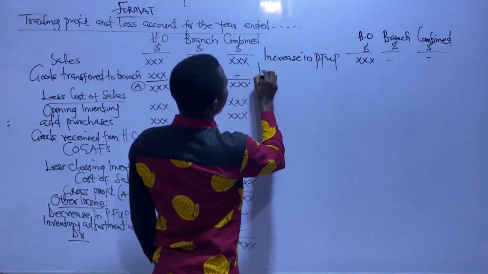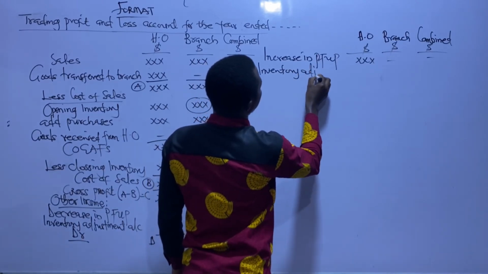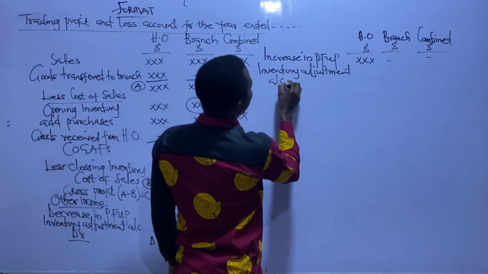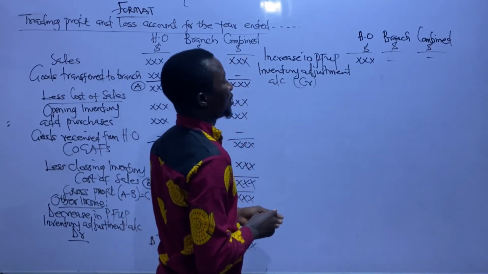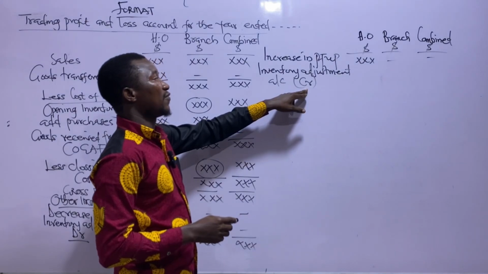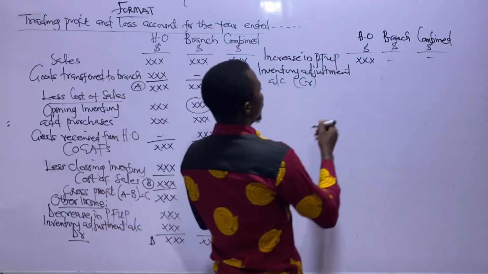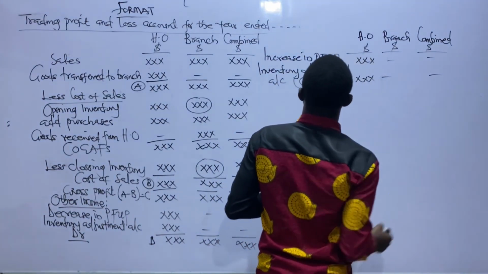So another inventory adjustment account, but this time it will be found at the credit side. If the difference is found at the credit side of inventory adjustment account, we have to debit the profit and loss account. So that will be an expense. It will not affect this. I hope this is clear.